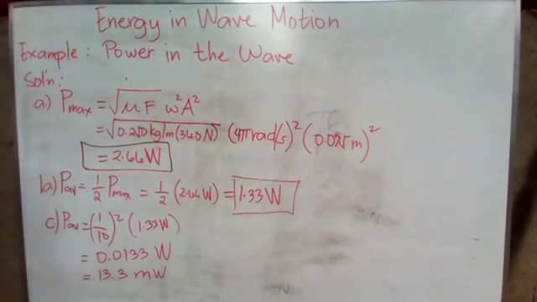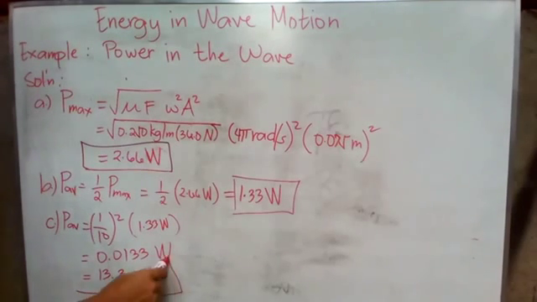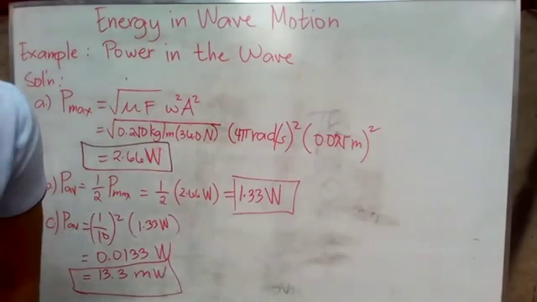We have 0.0133 watts, or converting into milliwatts, 13.3 milliwatts. This is the average power where our amplitude is about 7.50.